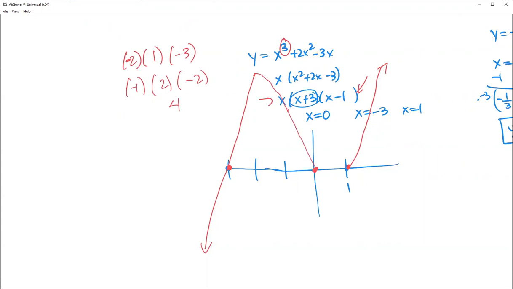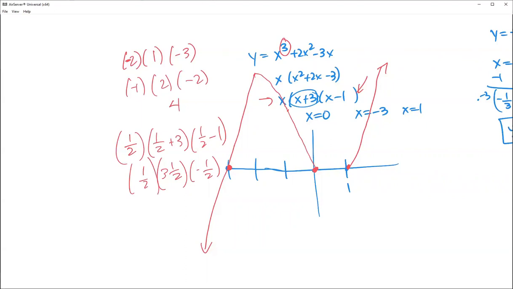If you plug in 0.5 or 1/2, 1/2 plus 3, 1/2 minus 1, that'd be 3.5 times negative 1/2 times 1/2. If you multiply this out, 0.5 times 3.5 times 0.5, 0.875, and it's going to be negative because of this negative sign here. So it's going to be greater than negative 1. It's not going to go too far down. And that will be your graph.